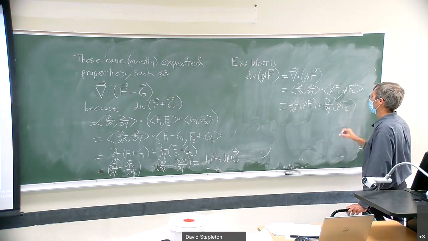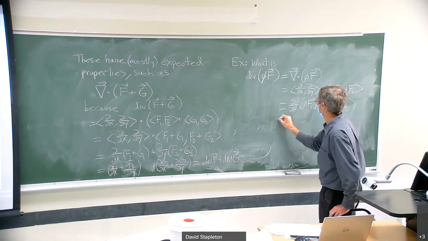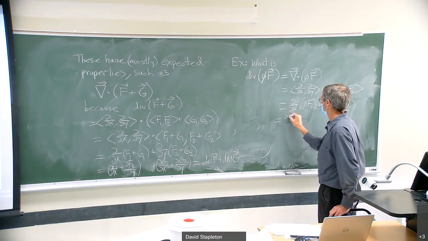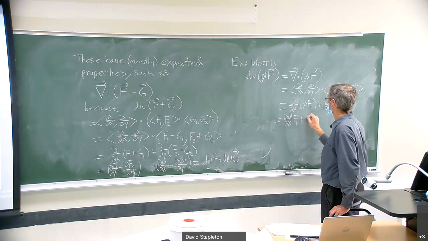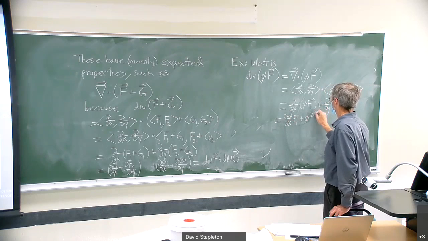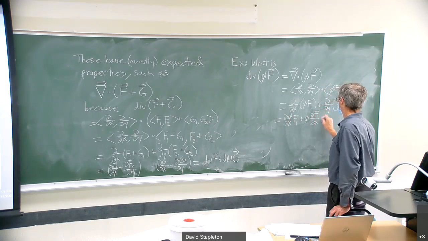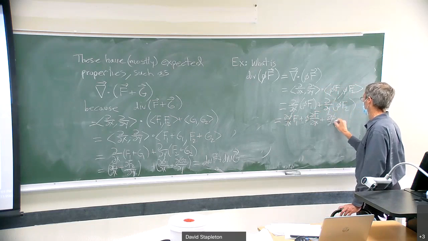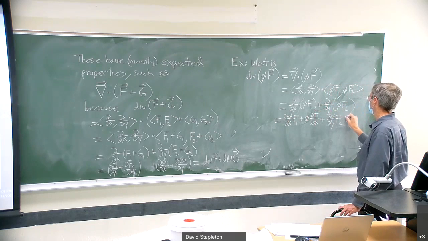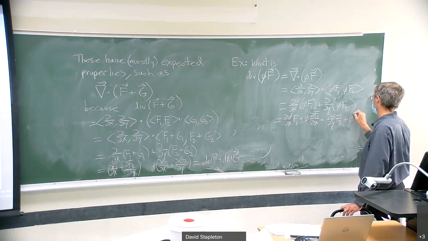And now you have a product rule in here, right? So it's d phi dx f1 plus phi d f1 dx, plus by the product rule over here, d phi dy f2 plus, right, derivative of the first times the second plus first, phi, times derivative of the second.